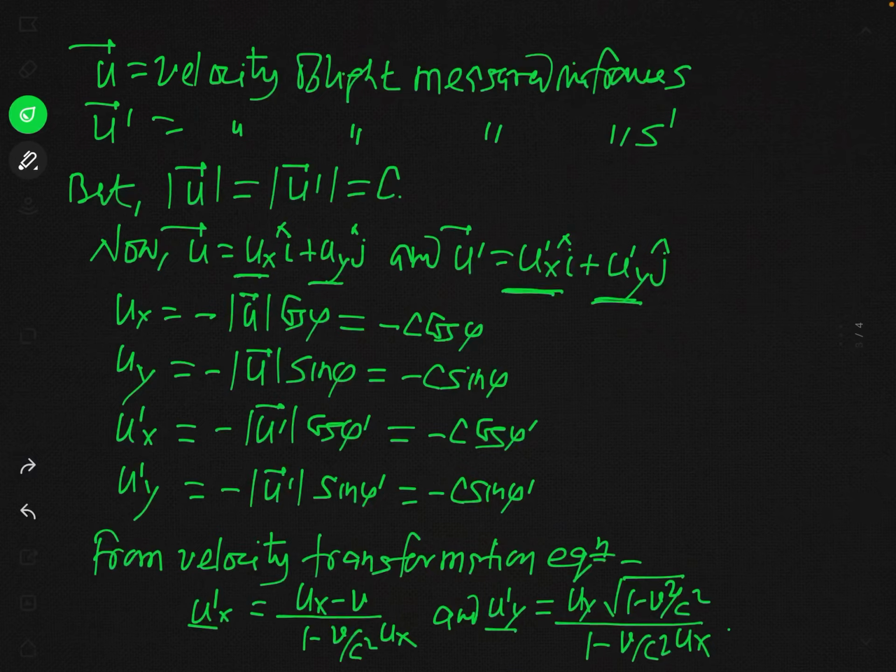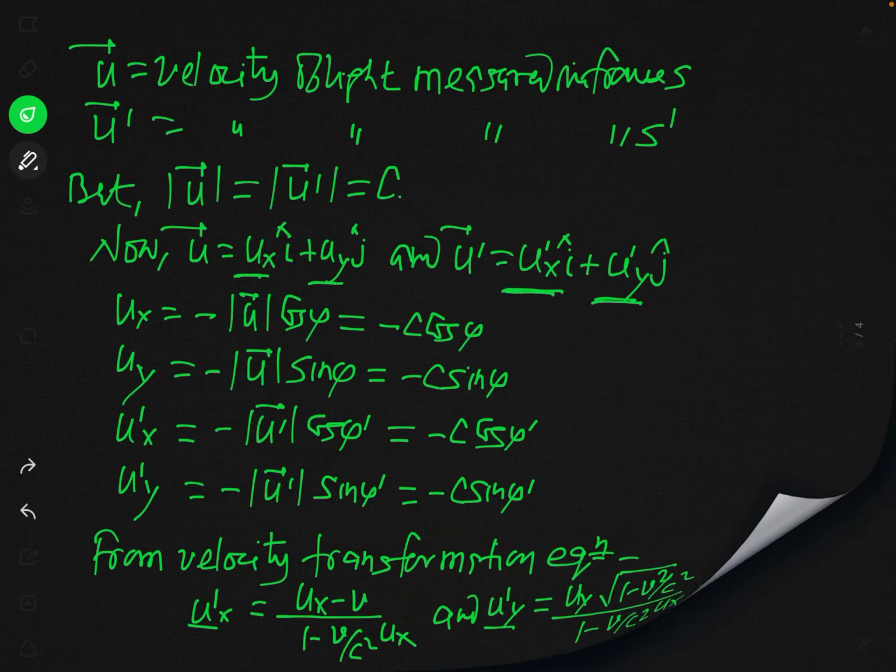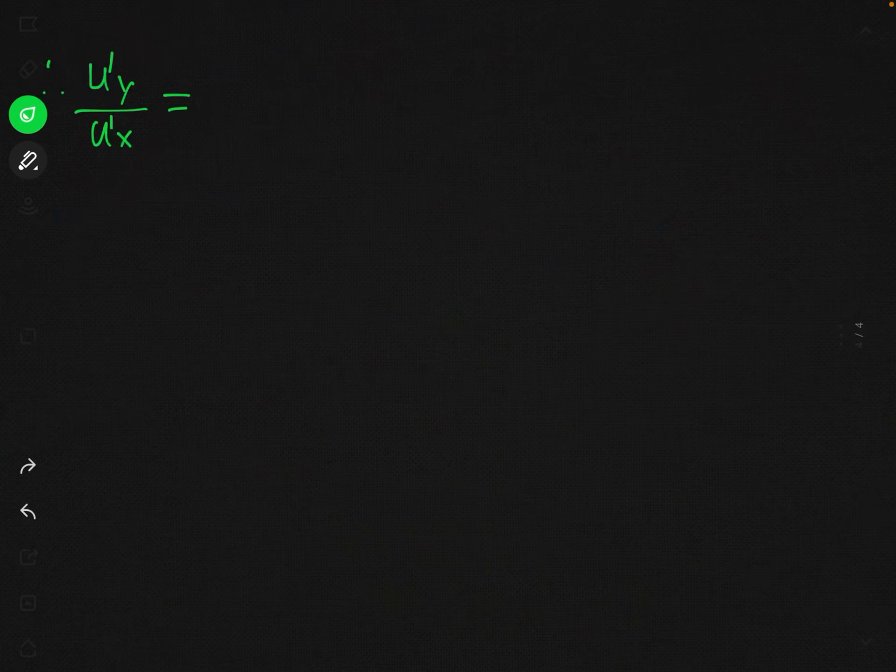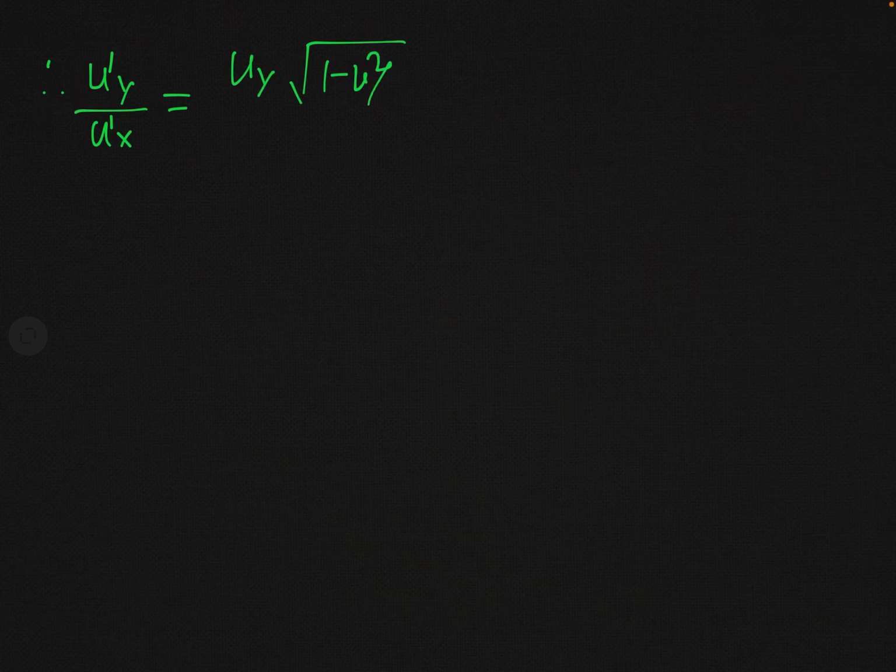So when you will divide this u prime y by u prime x, the denominator will cancel out, and the result will be simply the numerator for u prime y divided by numerator for u prime x. So what will be our result? You can see easily that this will be actually equal to uy into root over 1 minus v square by c square and divided by ux minus v. Let us say this is equation 1.